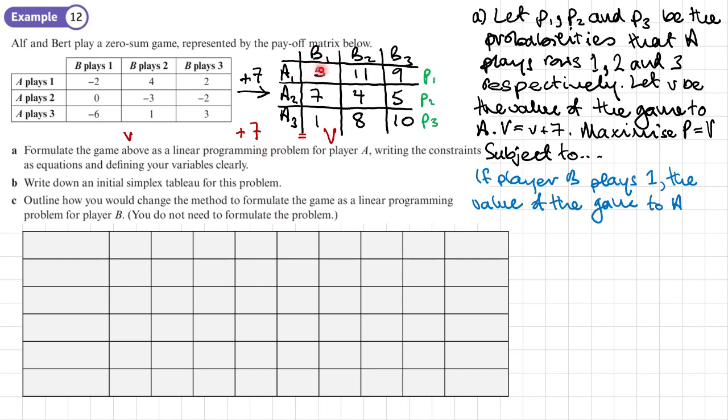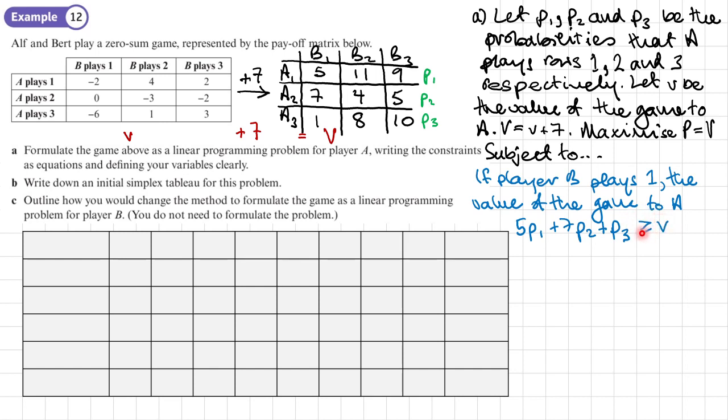So 5 times P1, plus 7P2, plus 1P3 or plus P3, and that needs to be greater than or equal to V. And in this form, it's always going to be greater than or equal to V.